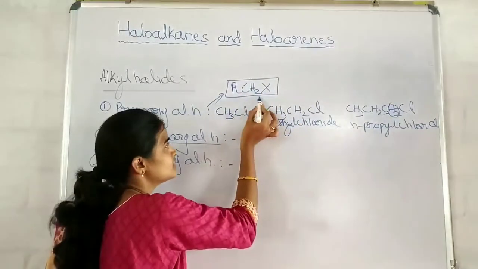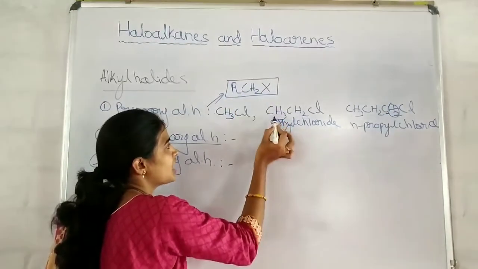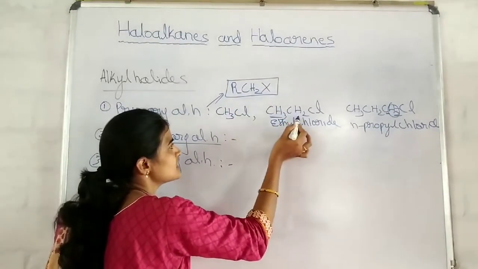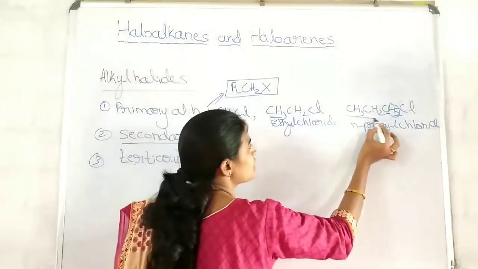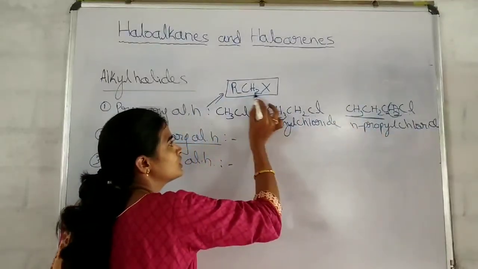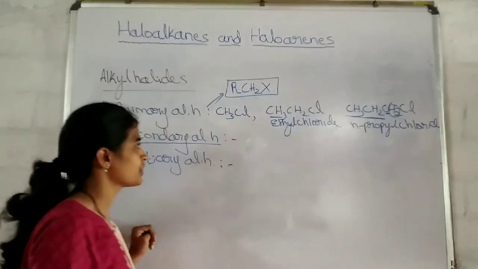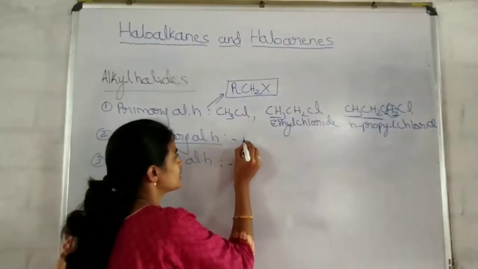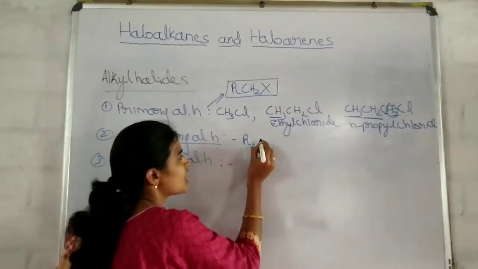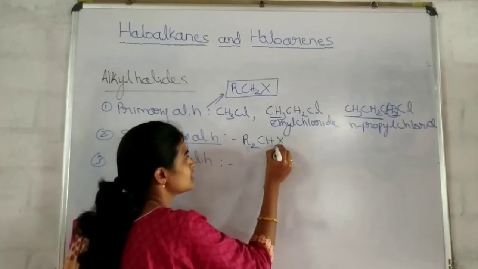See, this follows the CH3. R is what here? CH3 and CH2Cl. R is CH3CH2 in CH3CH2CH2Cl. Likewise, the general formula of the secondary is R2CHX.